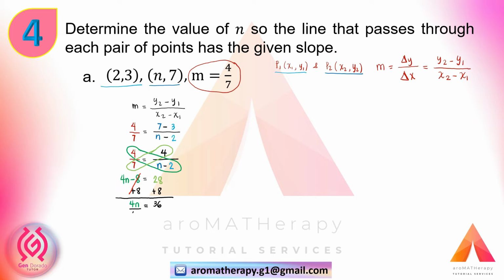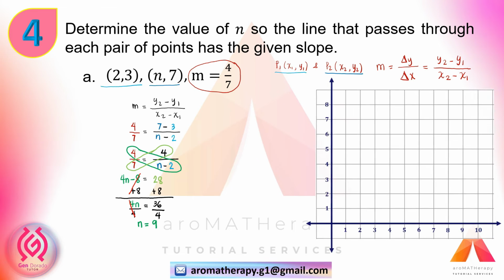Okay, so divided by 4, divided by 4. So, here, what is left? n is left alone since 4 divided by 4 is equal to 1. Meron numerical coefficient na 1. So, we can automatically write it as n na lang. So, you write n. So, cancel muna. n is equal to 9 since 36 divided by 4 is equal to 9.